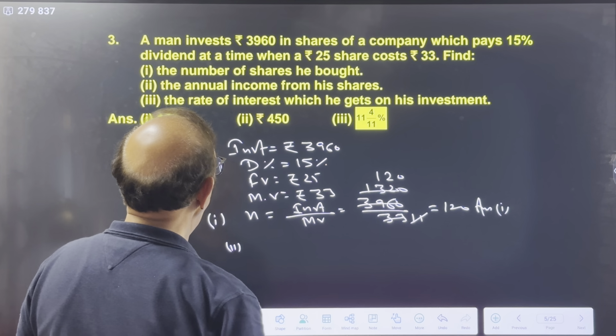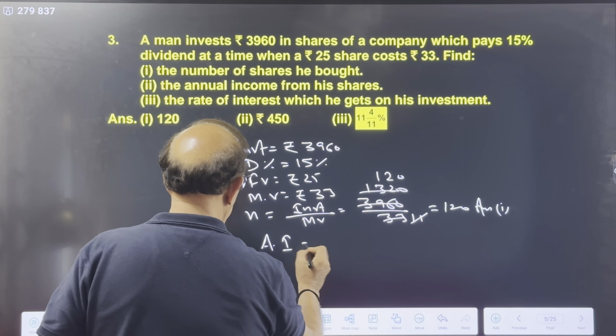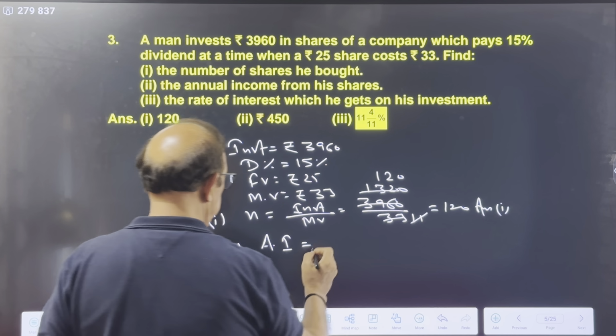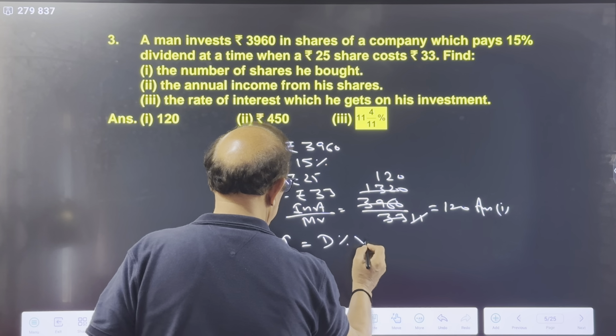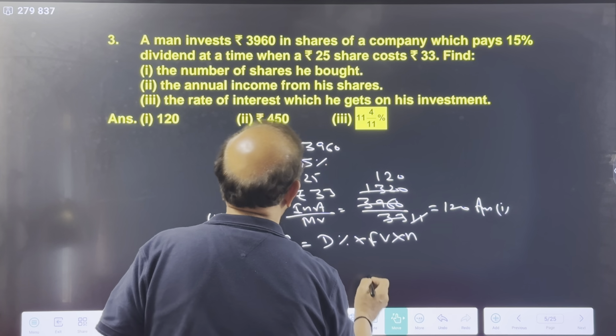The annual income from his shares, annual income, AI, annual dividend, or you can say annual income, which is D% into face value of 1 share into number of shares.